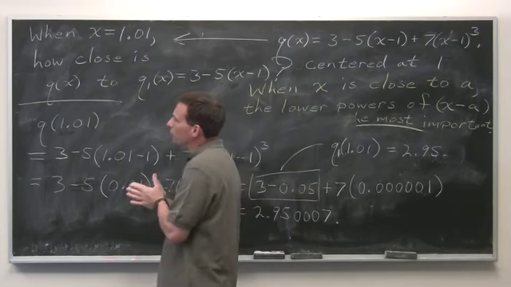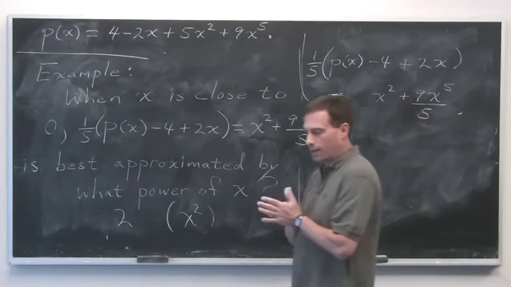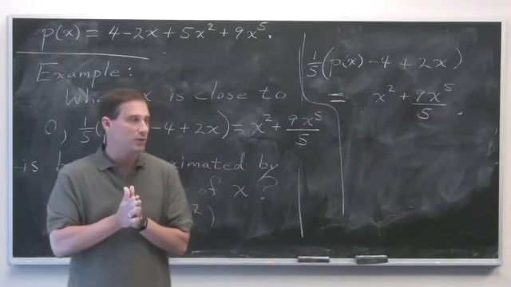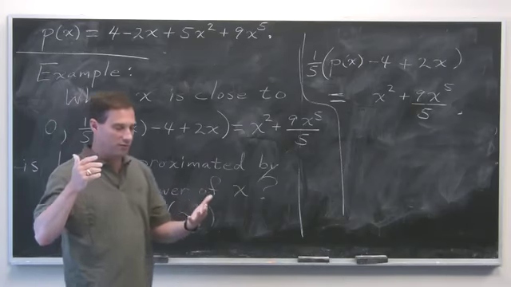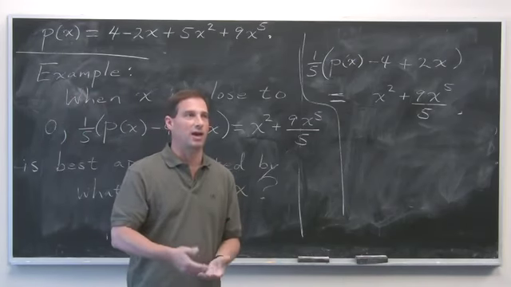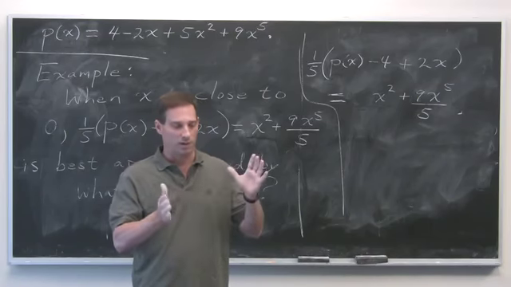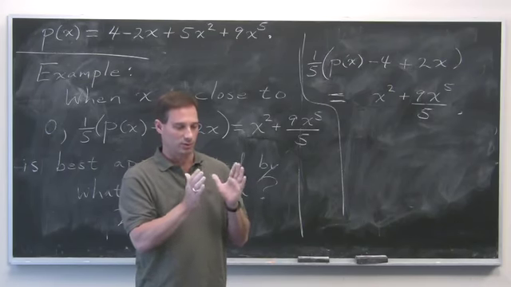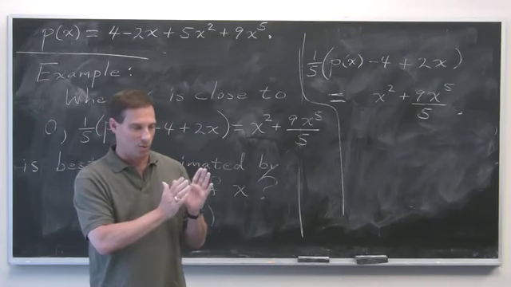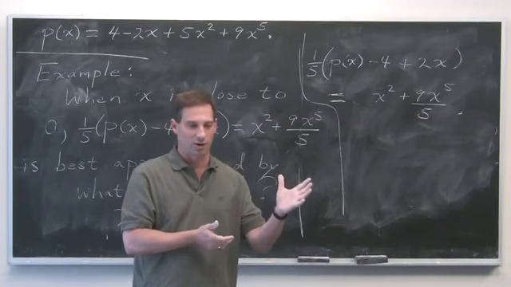All right, this leaves us with a very important question. We now know that if you've got a polynomial written in powers of x, and x is close to 0, you can approximate the polynomial fairly well by taking one of the low order partial sums, just the first few powers of x starting at 0.